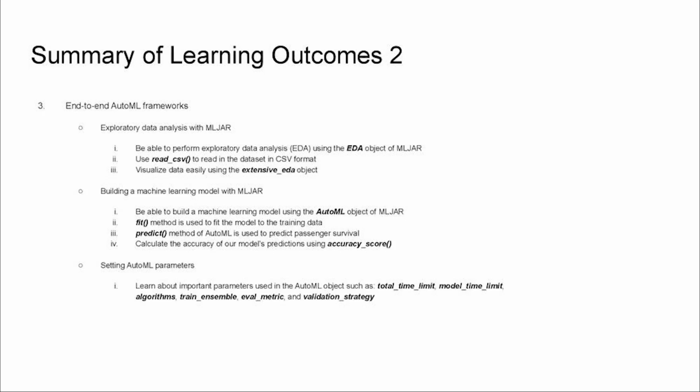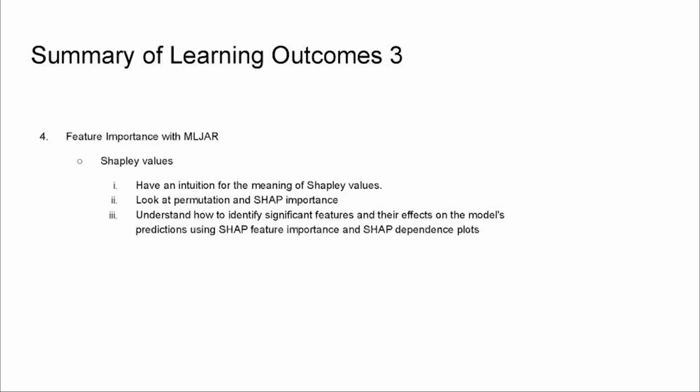Finally, we looked at setting AutoML parameters. We learned about important parameters used in the AutoML object, such as total time limit, model time limit, algorithms, train ensemble, eval metric, and validation strategy. In the fourth section of this course, we looked at feature importance with MLJAR.